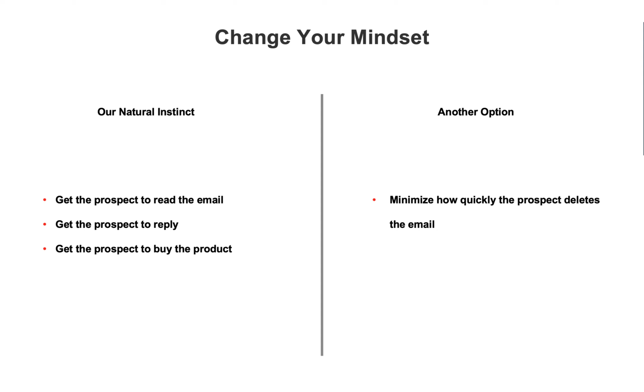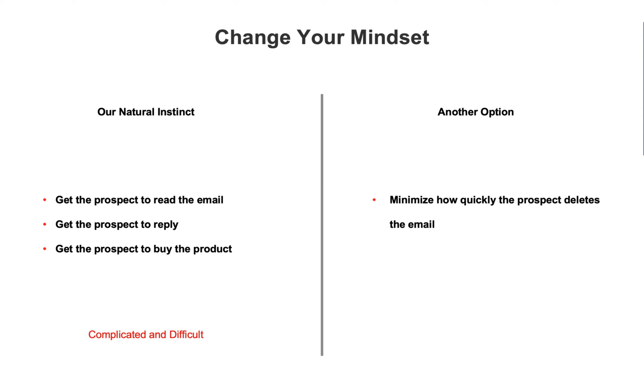And it's not to say that what we're going to do to accomplish that won't help with what's on the left side, but let's start out by trying to minimize how quickly they delete the message. Now, one thing to factor in is that what's on the left side, these are things that you can achieve, but you need the right strategy to execute at a high level. On the left side, it's complicated and it's difficult.